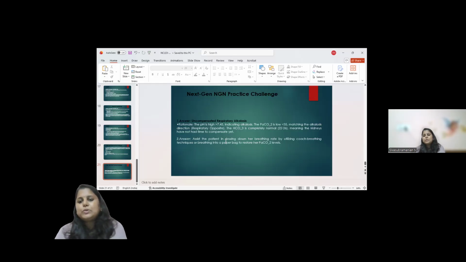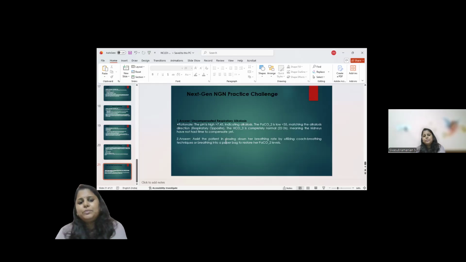PaCO2 is low, so respiratory is opposite, definitely a respiratory alkalosis, matching the alkalosis direction. Then the bicarbonate is completely normal, meaning the kidneys have not had the time to compensate. So it is uncompensated because they are not ready to compensate.